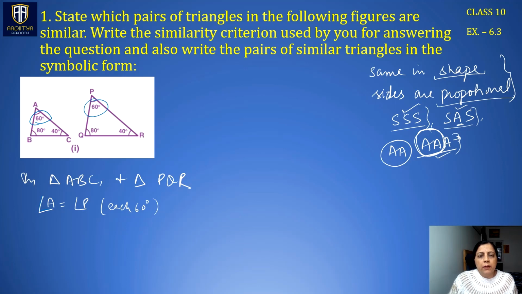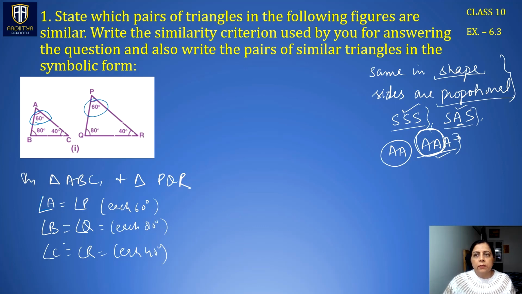Then here we have angle B as 80 and Q as 80. So angle B is equal to angle Q, each 80 degrees. Finally, angle C is equal to angle R, each 40 degrees. Right? So if we check, we have three angles of one triangle equal to the three angles of another triangle. So this satisfies this criteria.